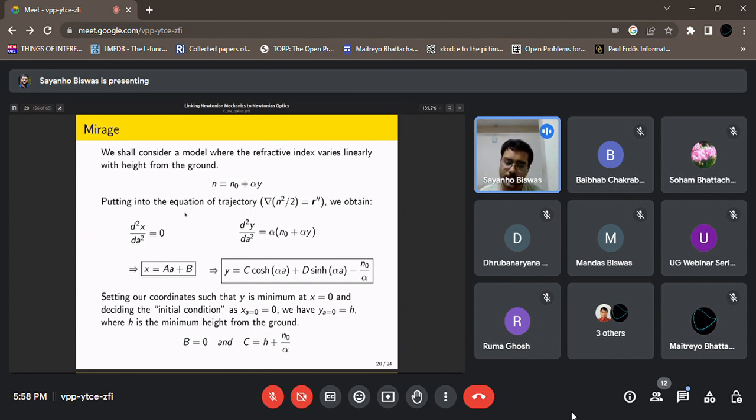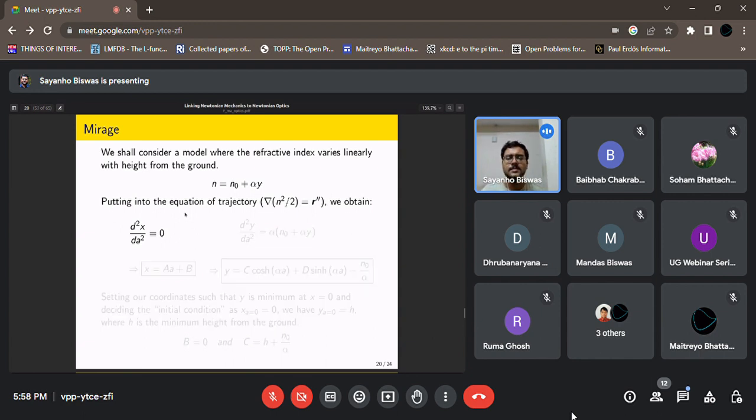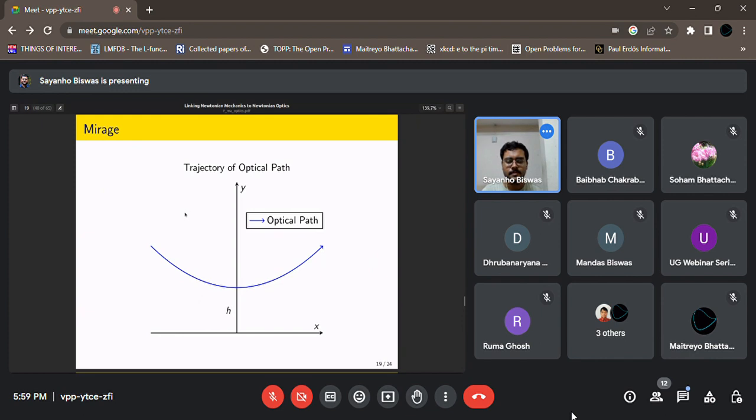I'm setting y to be minimum at x equal to 0 because my choice of physics should be independent of my choice of coordinates, right? The nature of the trajectory should be independent of my choice of coordinates. So I choose a coordinate such that y is minimum at x equal to 0. It is similar to my previous slide, this one. You can see y is minimum at x equal to 0, roughly.